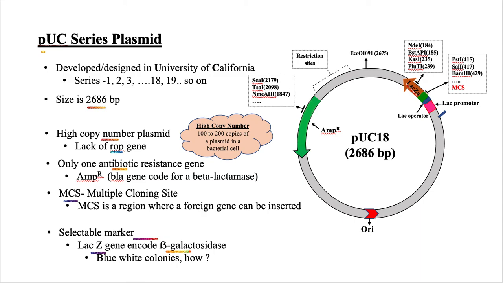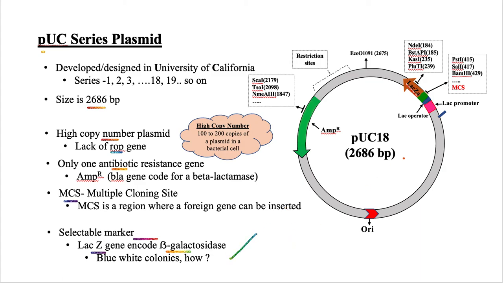So we have the phenomenon of blue and white colonies. If we screen cells that have been transformed versus those that have not been transformed, we get blue and white colonies on a petri plate. The blue colonies will tell us that these bacterial cells are not transformed, while white colonies will indicate that that particular bacterial cell is transformed. I will discuss that in detail later, but that is quite interesting.